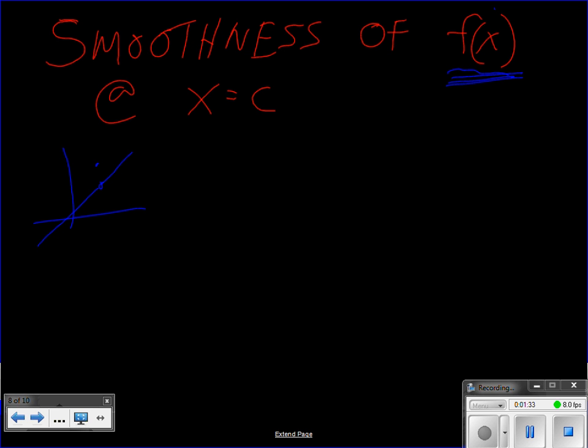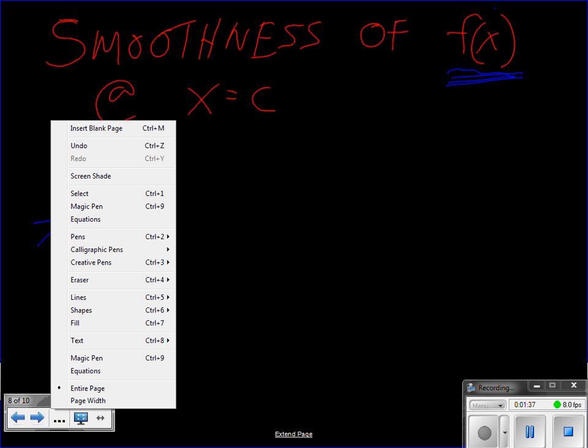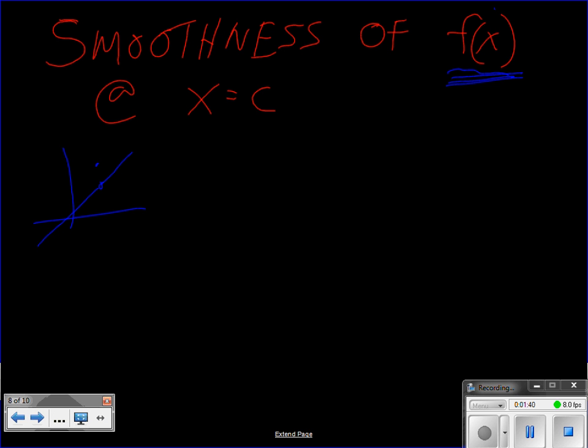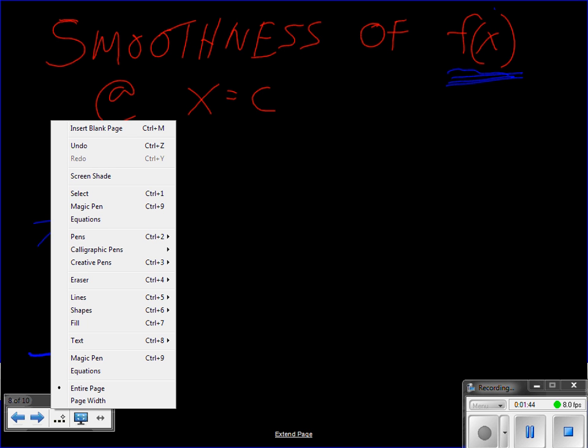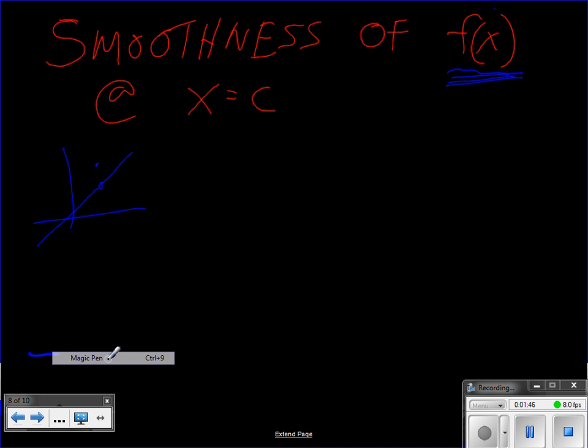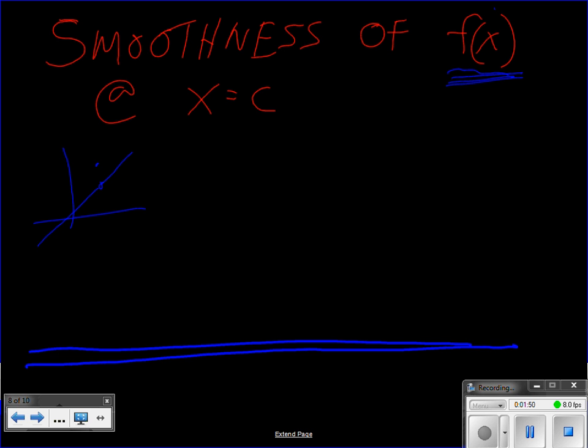Now, there's one thing I want you to remember in this continuum of smoothness. I want you to put this little graph in your mind, and I'll try to do it with a colorful pen. I want this to be a continuum.